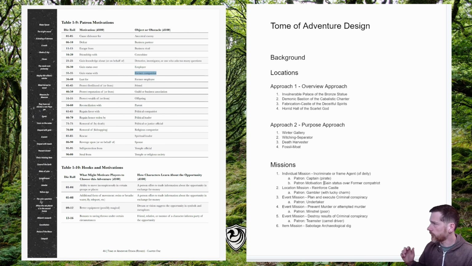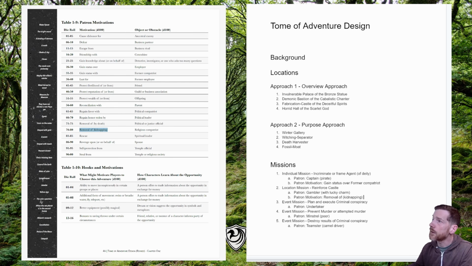Right, up next, the gambler. Removal of via kidnapping. That is the removal of an employer. And that's why they want us to reinforce the castle. Sometimes random tables don't make sense.